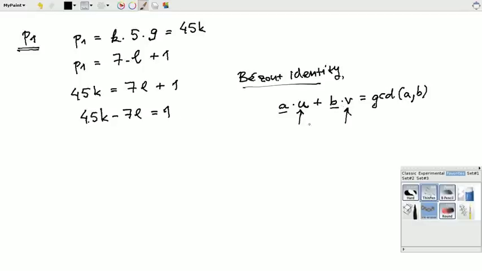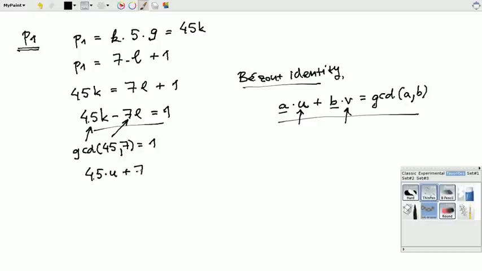I should show you why this looks similar to this. Actually, 45 is coprime with 7. So the GCD of 45 and 7 is equal to 1. So if we rewrite this a bit, you could say that 45 times u plus 7 times v is equal to 1, which is the greatest common divisor of 45 and 7.